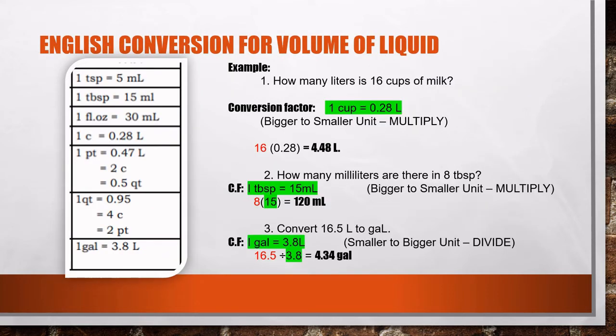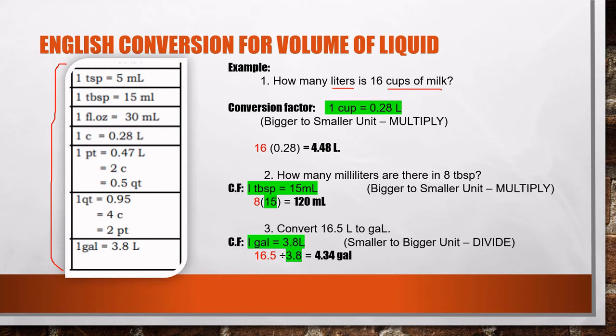Next is the English conversion for volume of liquid. So I have here a list of conversion factors to use in converting one unit to another unit. For example, how many liters is 16 cups of milk?